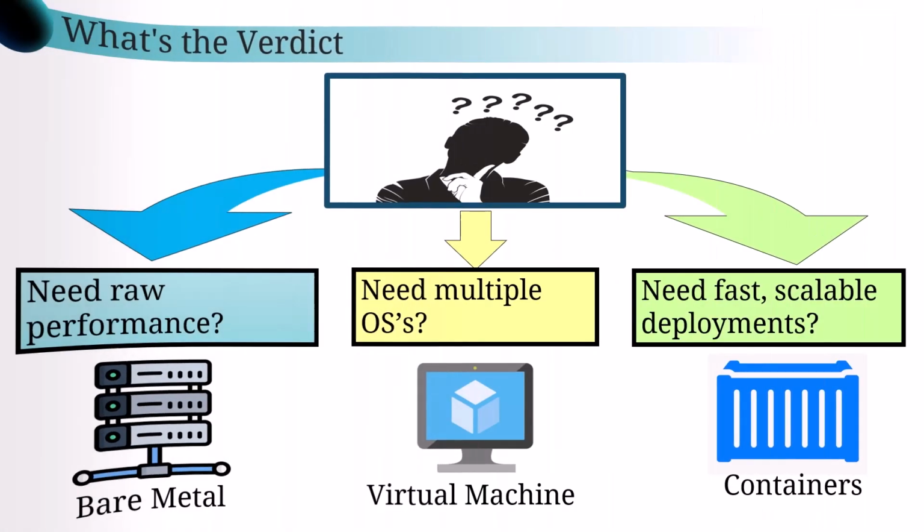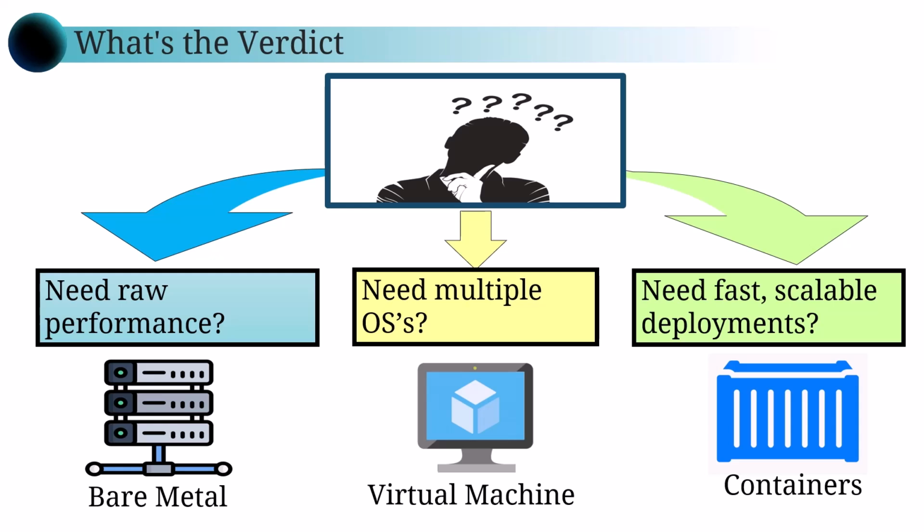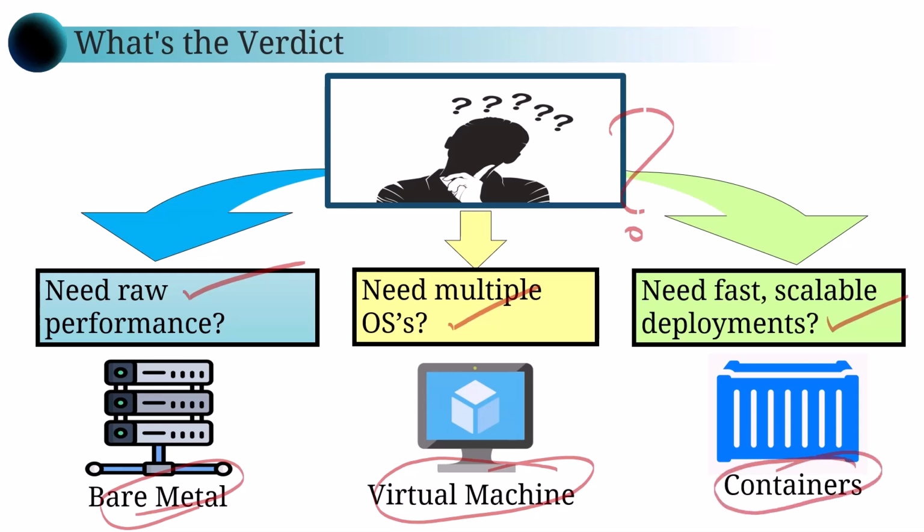Now that we have understood what bare metal servers, virtual machines, and containers are, what is the verdict? If you need raw performance, bare metal is the way to go. If you need multiple operating systems with different applications, you need to go with the virtual machine. If you need fast, scalable deployments, then container is your pick.